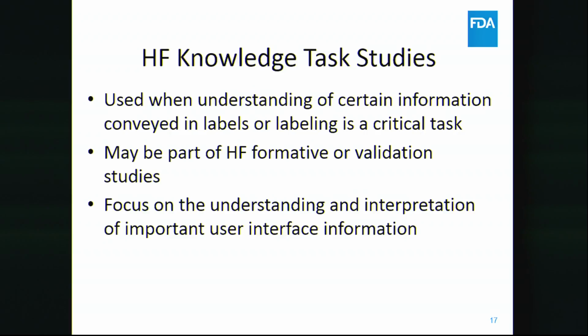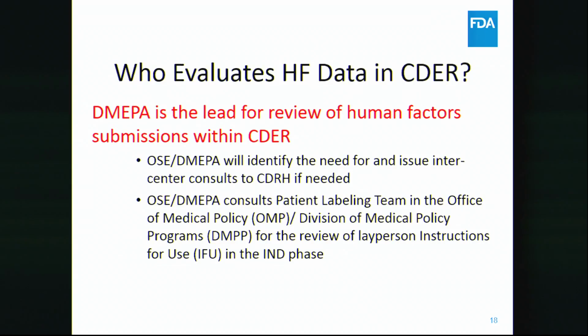So those are critical messages that are part of the labels and labeling that we want to understand. Do people actually understand this? Do they know what to do if they see this? And it can be part of both the formative and the validation work that's carried out by manufacturers. And again, it's focusing on understanding and interpreting the important user interface information.